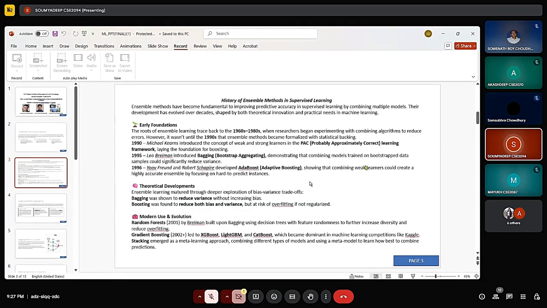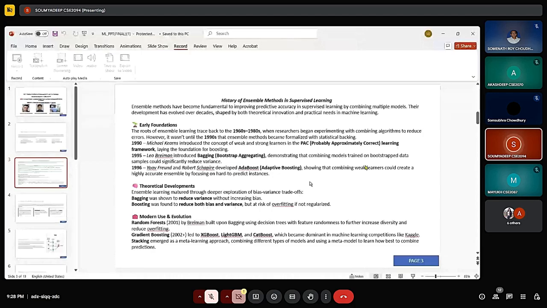There is a history of ensemble methods in supervised learning. Early foundations: the roots of ensemble learning go back to the 1960s and 1980s, when researchers began experimenting with combining algorithms to reduce errors. However, it wasn't until the 1990s that ensemble methods became formalized with statistical backing.